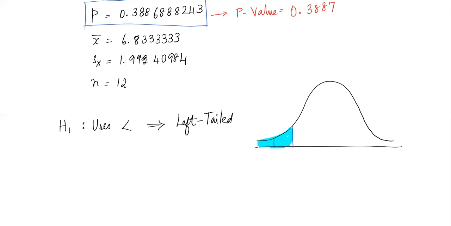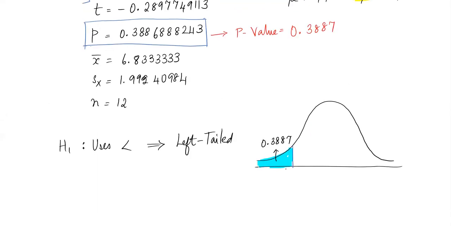You're shading the left region, and we just found that p-value directly to be this computed value, 0.3887. That's what we have. And where it happens is also given to us: t is negative 0.289.